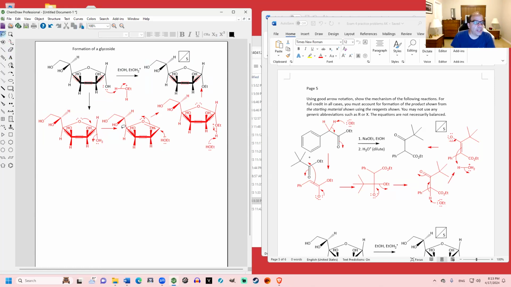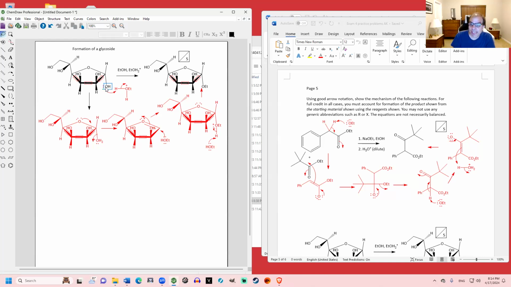And as you can see, the only change in the molecule is going from OH to O-ethyl. And we treat it with acidic ethanol. If instead we treated it with acidic methanol, then it would change it to O-methyl instead of O-ethyl. But this mechanism we actually learned in chapter 19. It starts by protonation of the OH group because we're going to go from a hemiacetal to a full acetal.